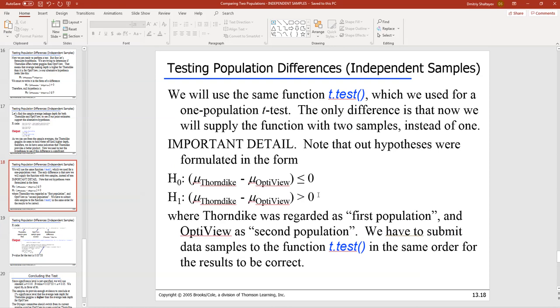Again, there are three alternative forms: your alternative can be greater than, less than, or simply not equal for the two-sided test. In this case, I have the alternative in the greater than form.